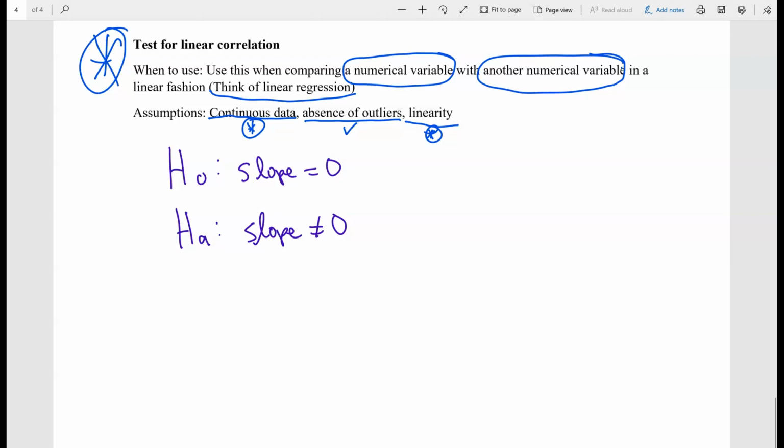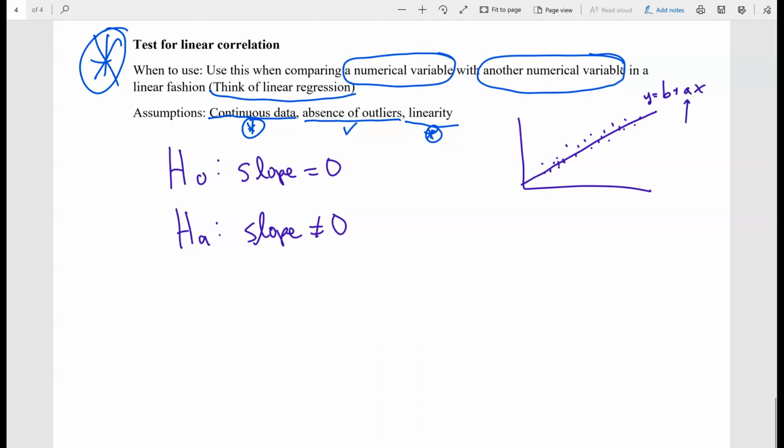Okay, but basically what the slope is, if you remember from linear regression, you have your data from a scatter plot, and you're going to have a line that best fits the scatter plot. And that line is in terms of y equals b0 plus b1x. So your slope is going to be this b1. Oh, wait a minute. We did something different. We did y equals b plus ax.